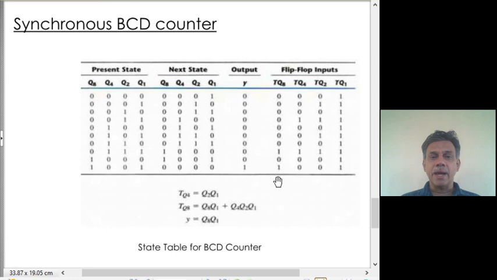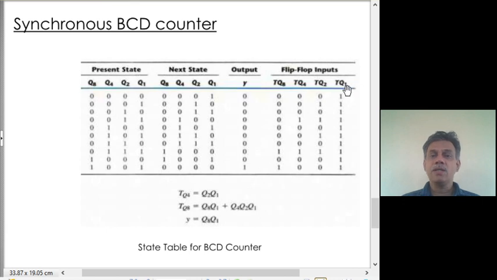To enable that, we use an output y which tells when one sequence of 0 to 9 counting is over. We will make use of this output when we design a larger counter having different BCD counters as its components.